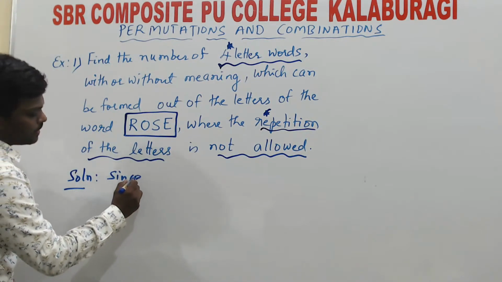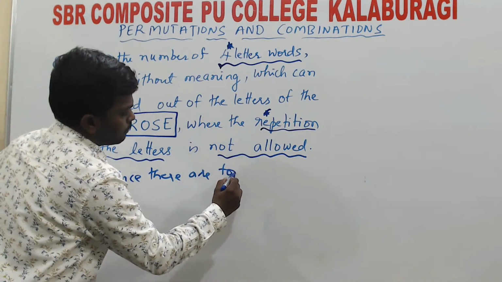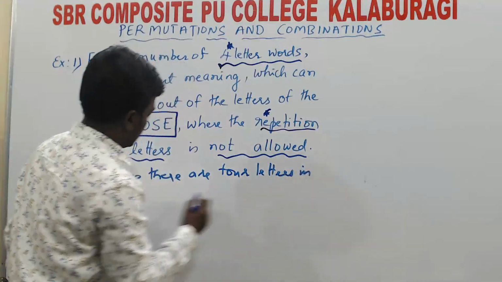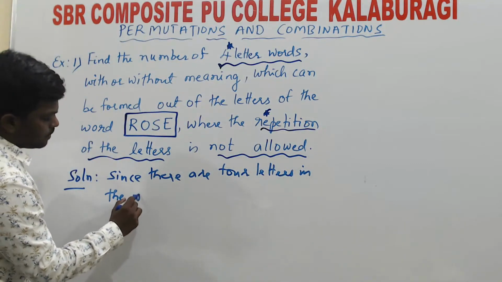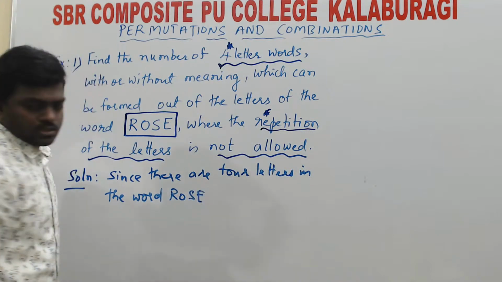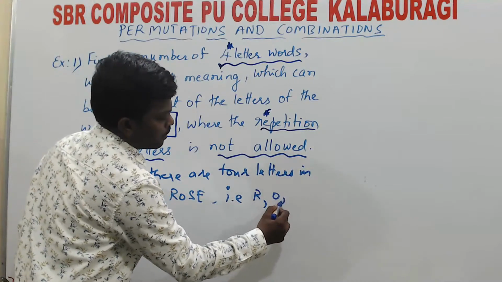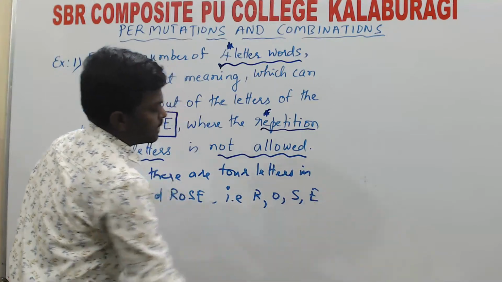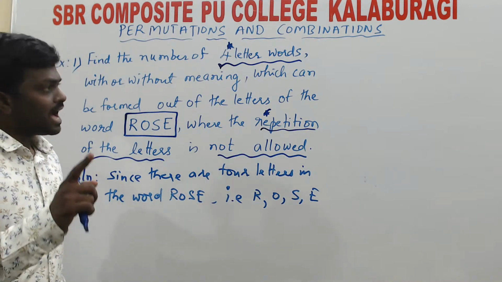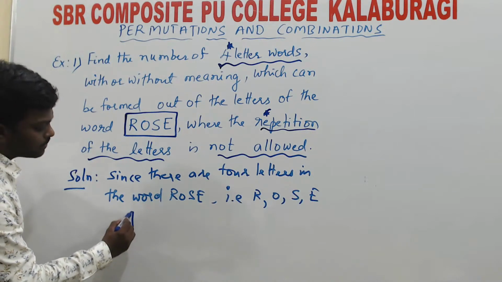Since there are four letters in the word ROSE, what are those? That is R, O, S, E. So what are they asking us to do? They're asking us to form a four-letter word.